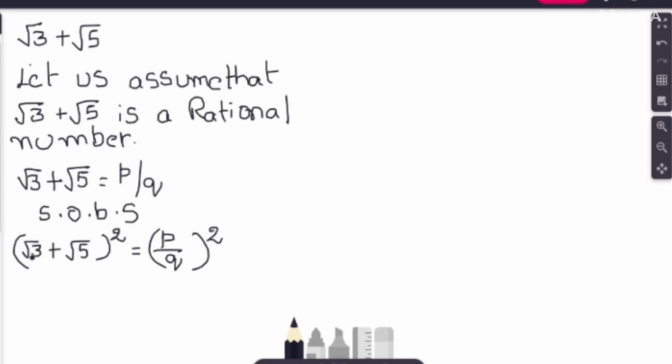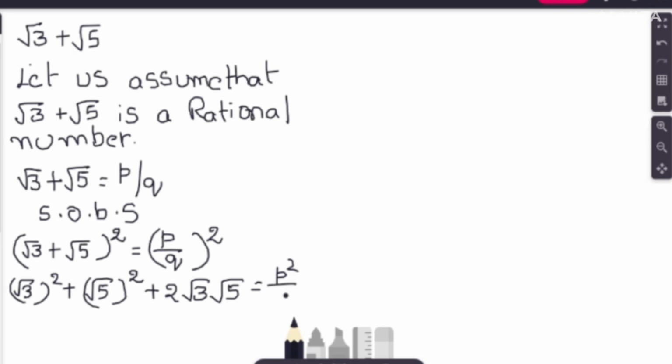Now this is looking like the identity a plus b whole square. We know the identity: a square plus b square plus 2ab, that is 2 into root 3 into root 5, which is equal to p square by q square. Now the square and root get cancelled.